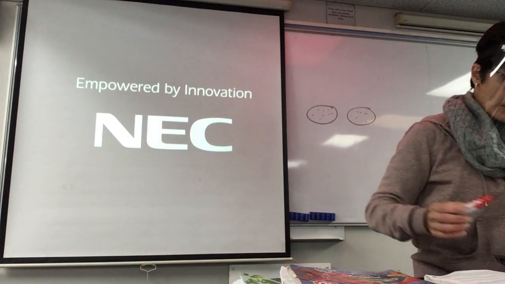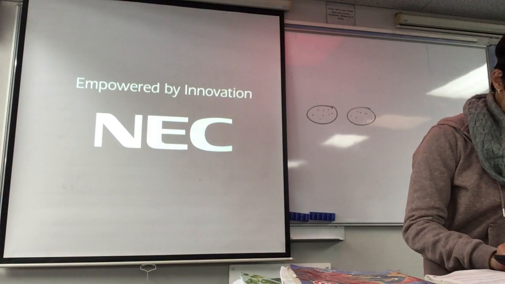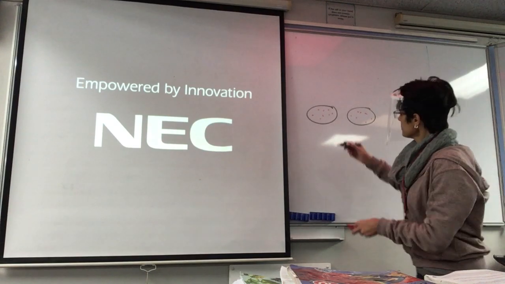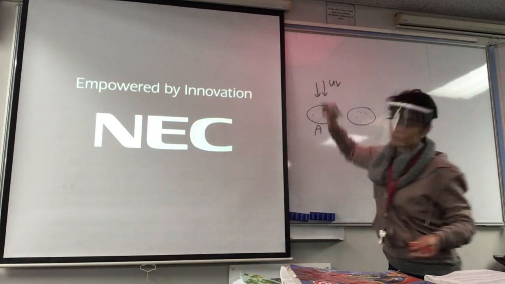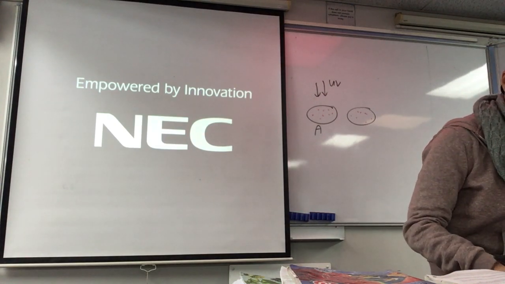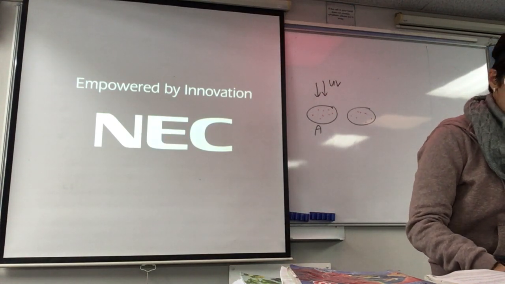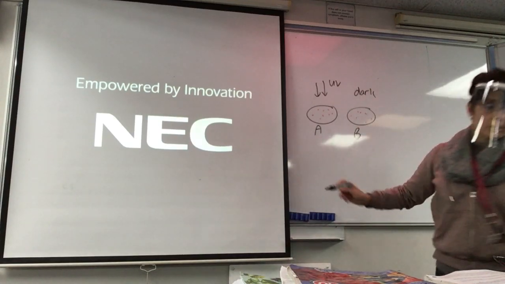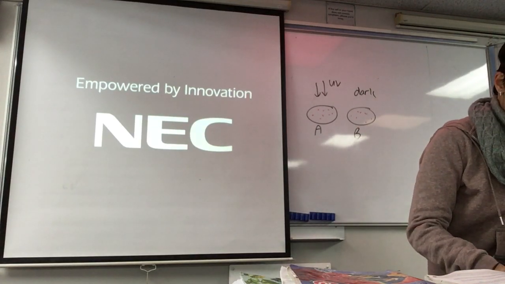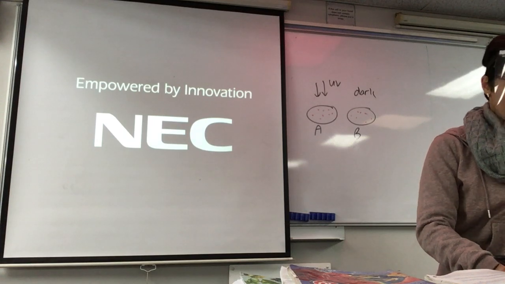I'm just trying to remember the question. One petri dish, A, is placed in UV light, and the other petri dish, B, is left in the dark. All right, and the two petri dishes are examined after 5 days.